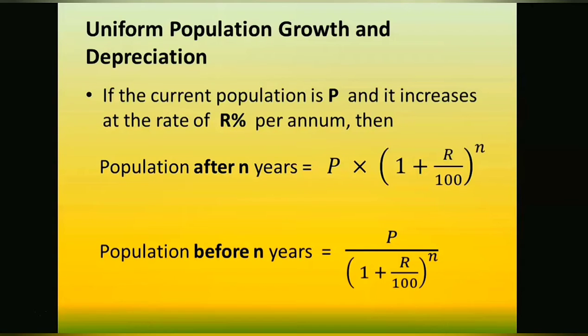Then for the second year it will be 1100 plus 10% of 1100, which is 110. So the population will be 1100 plus 110. This is how you will get the population after 2 years, where the rate of increase is 10%.